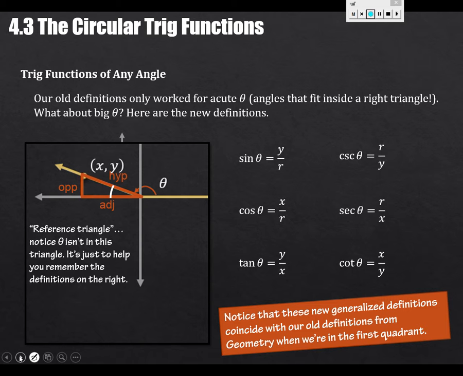Which is, by the way, a desirable property that you should want for any definition you come up with. Don't you want it to be backwards compatible with the old things we did? You want to still be able to talk to people in geometry and speak the same language. It's like if you're developing software, you want it to open the old files. You don't want to put out a new piece of software that makes everything you used to do obsolete. You want backwards compatibility.